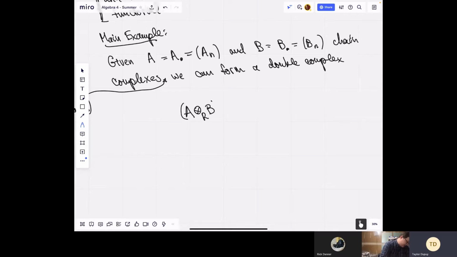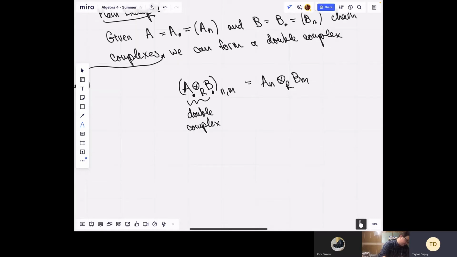This is a double complex. Let's take the nth component of this thing, and this is going to be A_n tensor B_m.